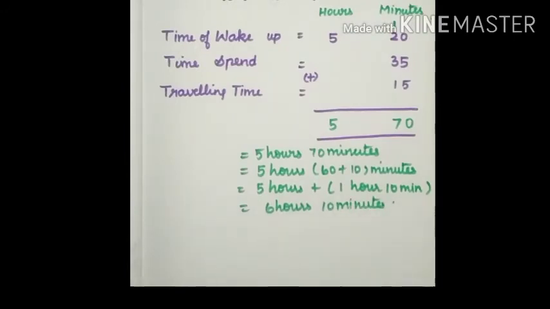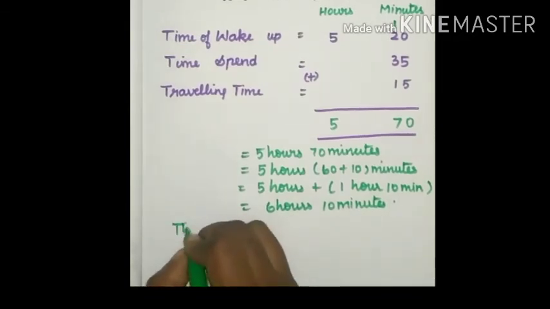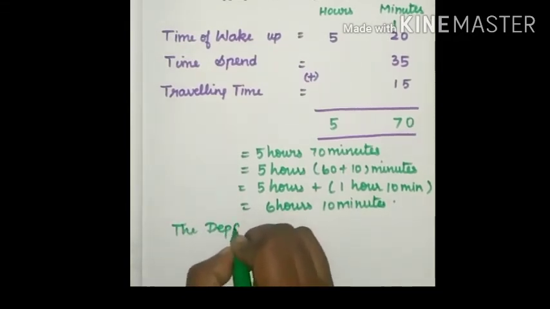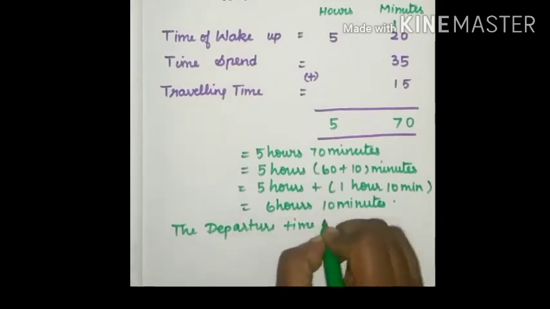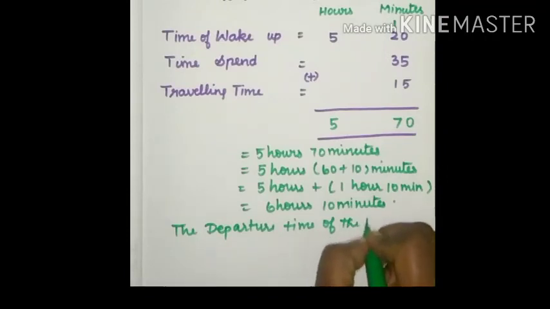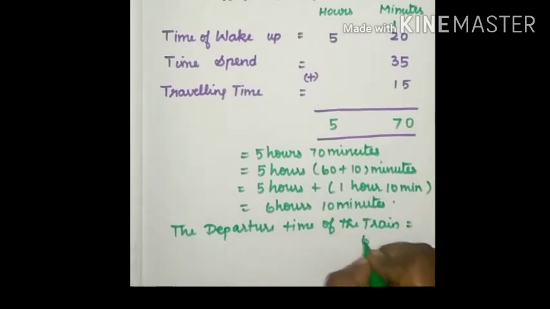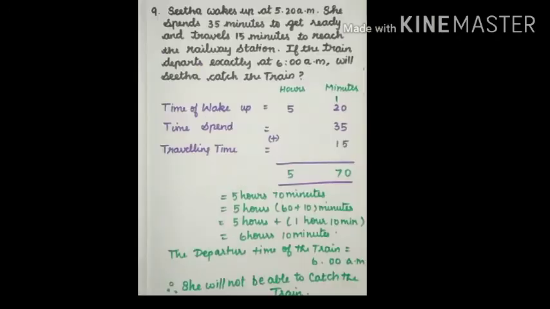Now the time will be what? 6 hours 10 minutes. The departure time of the train is what? 6 a.m. See? Sita reached the railway station at 6:10 a.m.